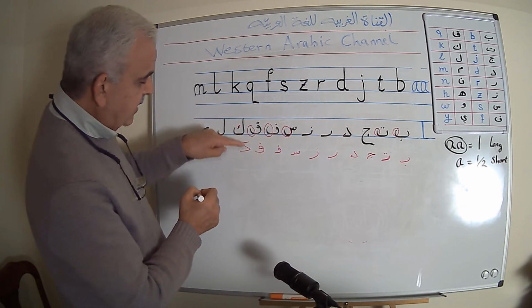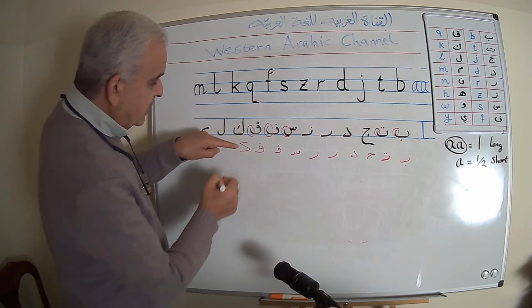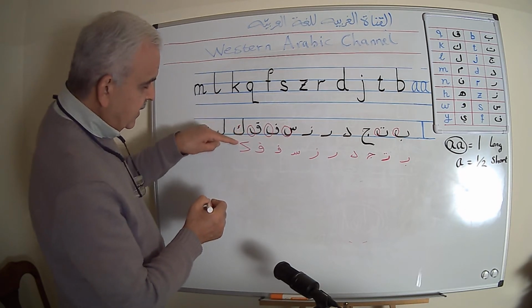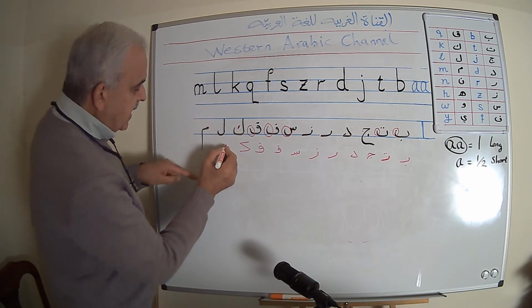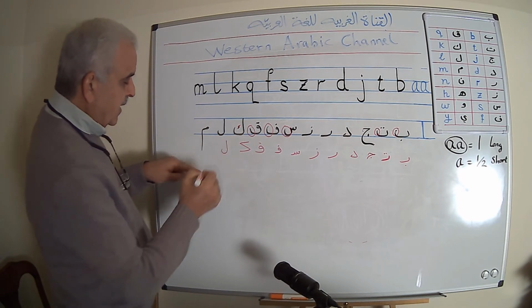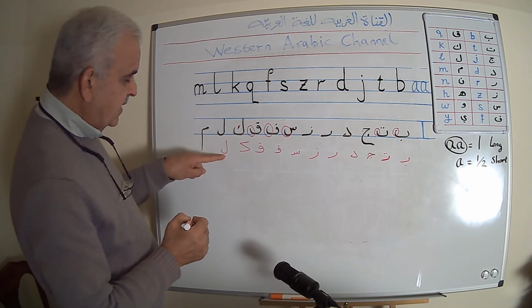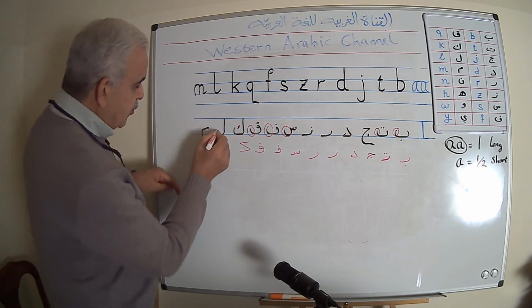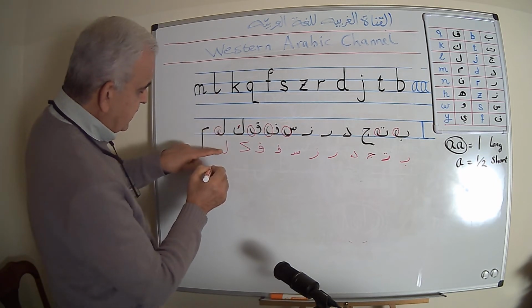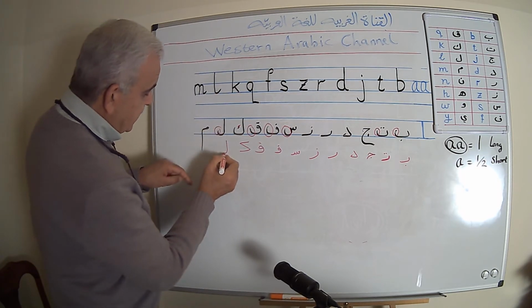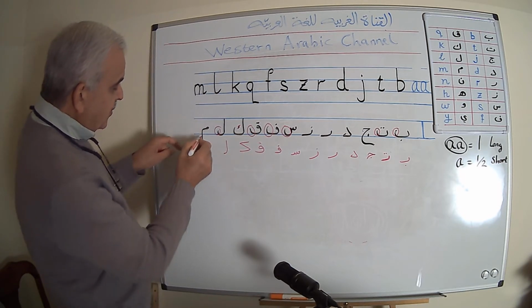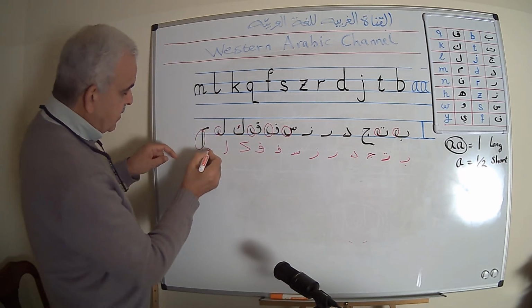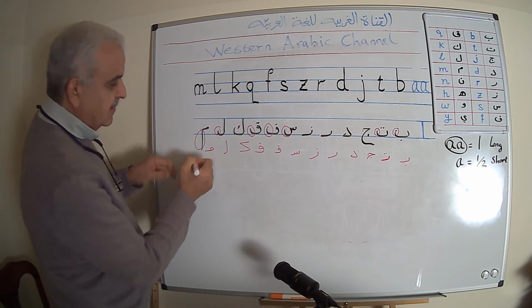This is the K, if it comes at the beginning or in the middle, it becomes like this. The lam is the same. It's at the beginning, at the end, in the middle. Just remove its tail here. Okay, this is the lam. The meem also, remove its tail and it becomes like this.